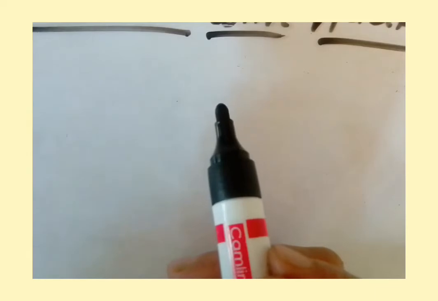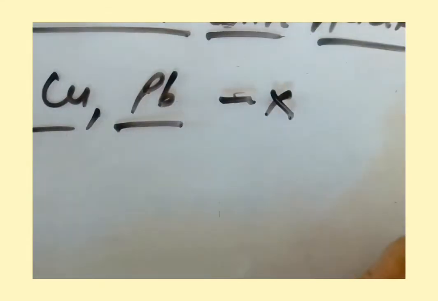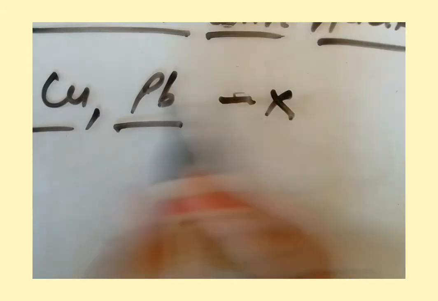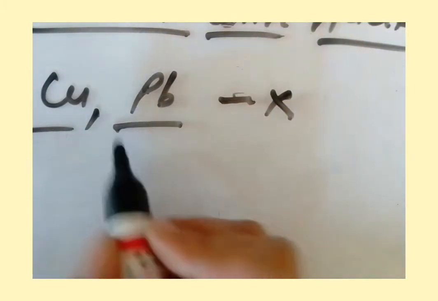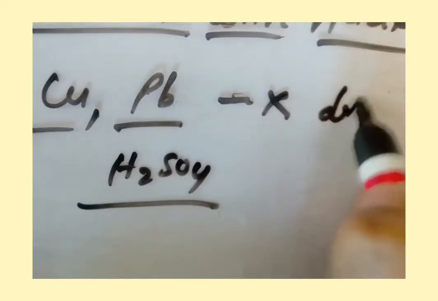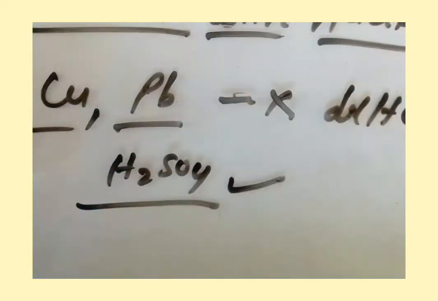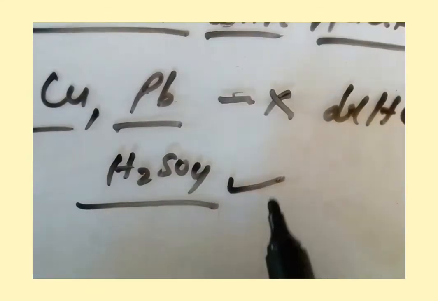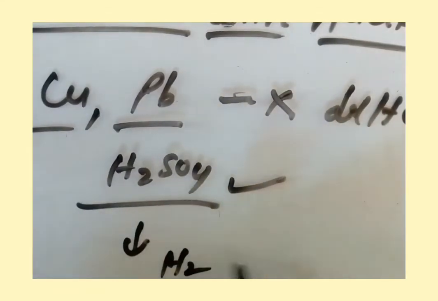One important thing here is that all the metals do not show the same reactivity with these acids. Some metals like copper and lead do not react with hydrochloric acid. Instead they react with sulfuric acid. Right? They do not react with dilute hydrochloric acid, they will react with sulfuric acid, but do not liberate hydrogen gas also.